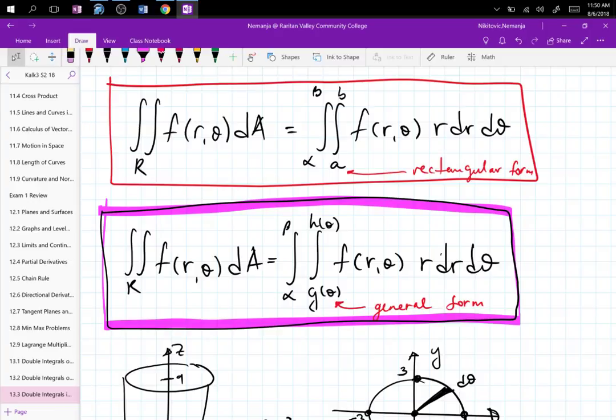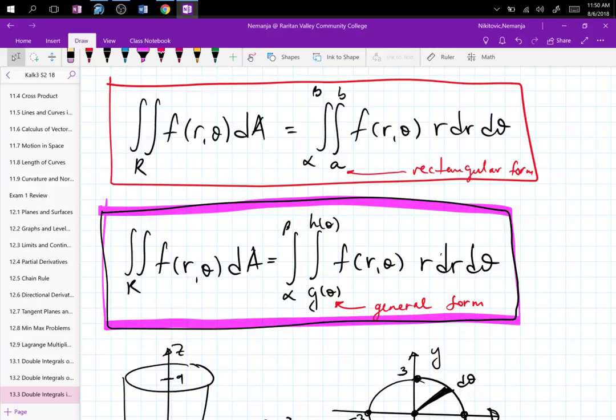that you haven't discussed or considered earlier. So now, anytime you are integrating over a circle, that's your general region. Technically, the first integral is only good for circles and also annuli.